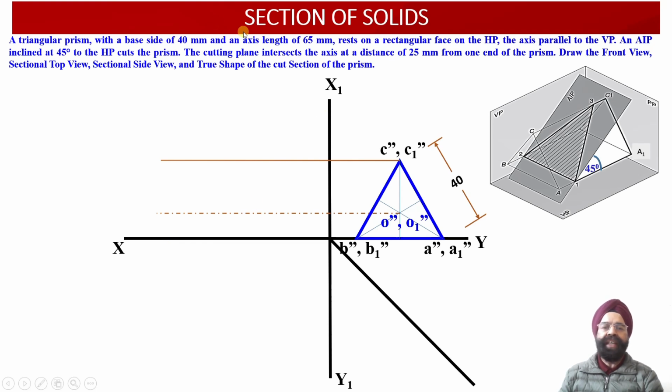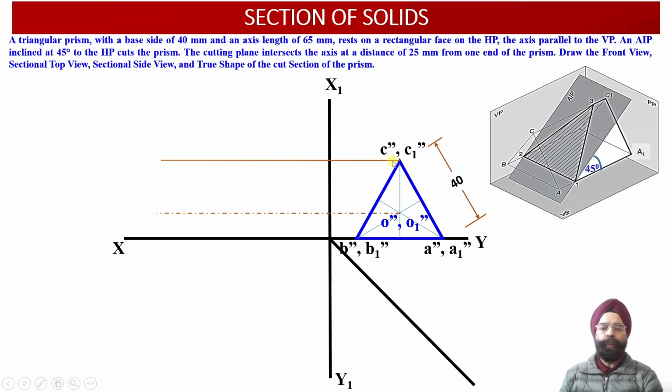Now we have been provided with the information that the length of the axis happens to be 65 millimeter. That is the length of this triangular prism, the distance between C and C1, between A and A1, and between B and B1 should be equal to 65 millimeter.